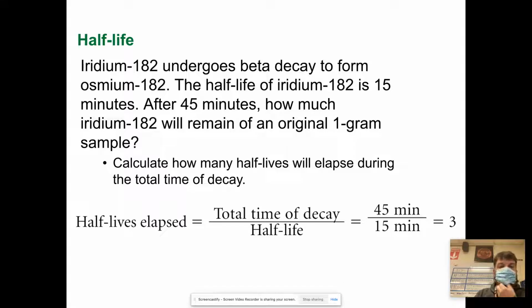So how does that work? Well, let's look at an example. Iridium-182 goes through beta decay to form osmium-182. The half-life of iridium-182 is 15 minutes. After 45 minutes, how much iridium-182 will remain in an original 1 gram sample?